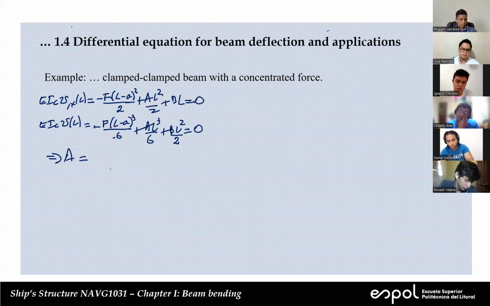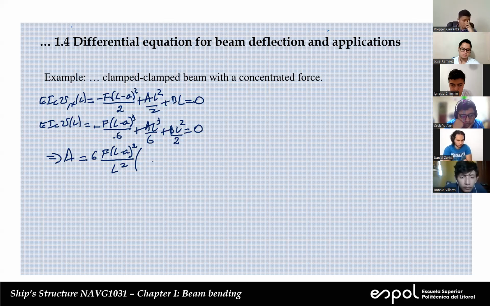So A is going to be 6F times (L minus a) squared over L squared, and 1/6 plus a over 3L.